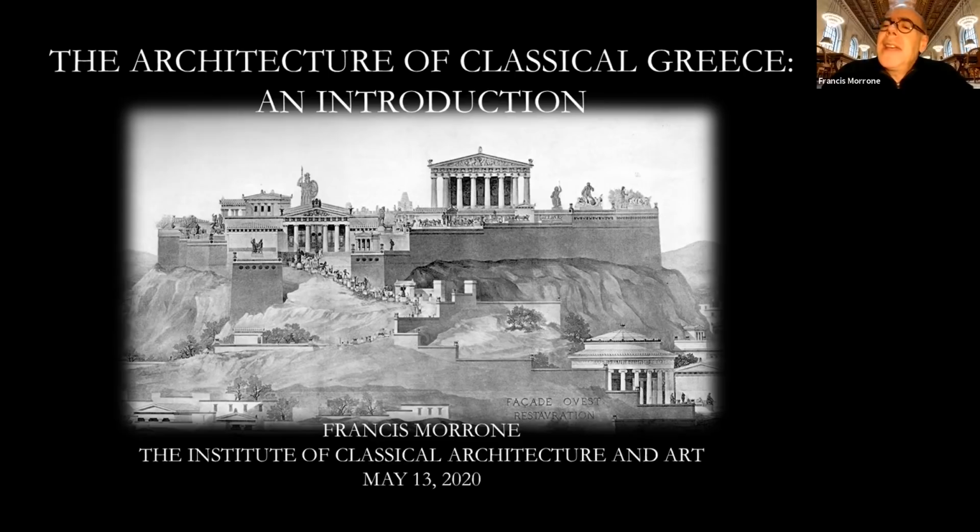And one thing I want to say at the outset, particularly pertaining to tonight's talk on Greek architecture, is that there is a lot of uncertainty about almost every aspect of ancient Greek architecture.